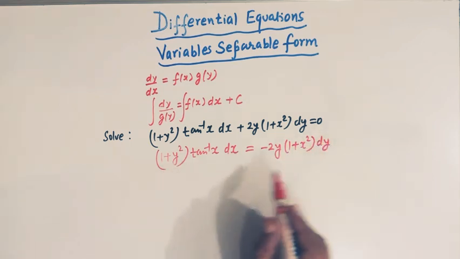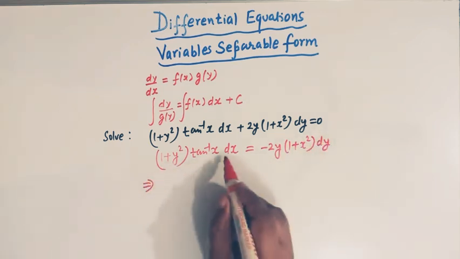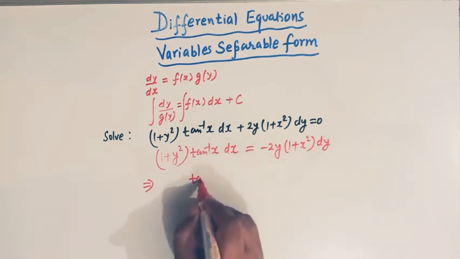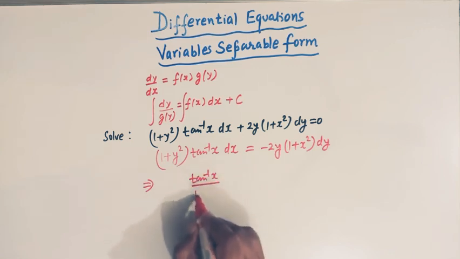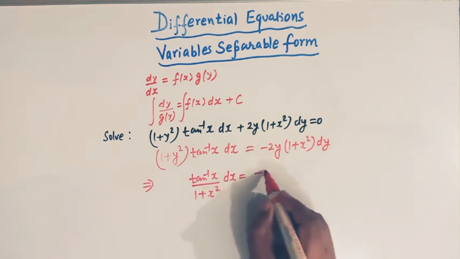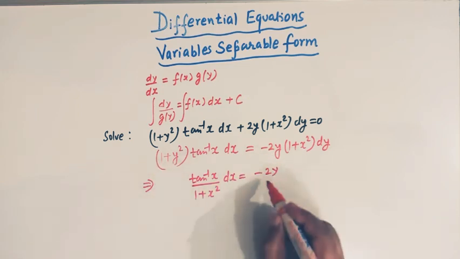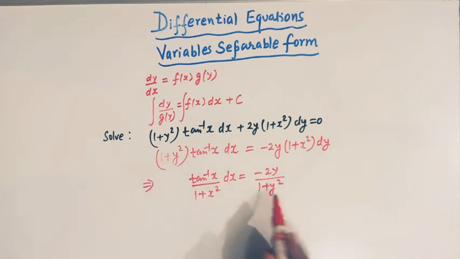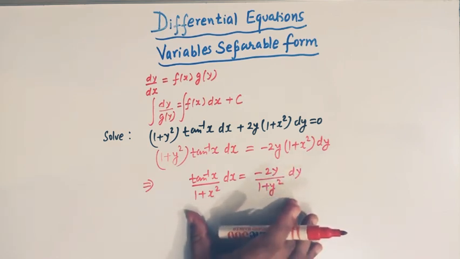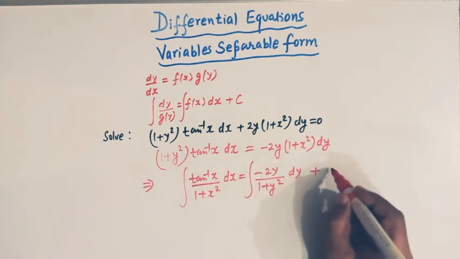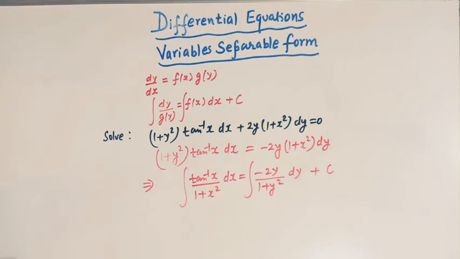Now viewers, this can further be written as tan inverse of x divided by 1 plus x square dx equals minus 2y divided by 1 plus y square dy. Now we have separated the variables, so now we can integrate, and here we have the constant of integration.